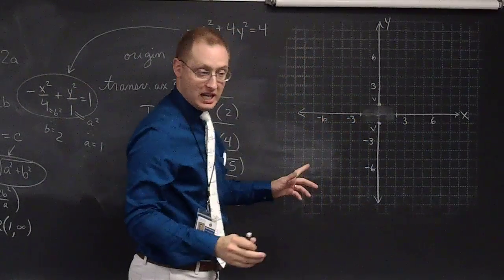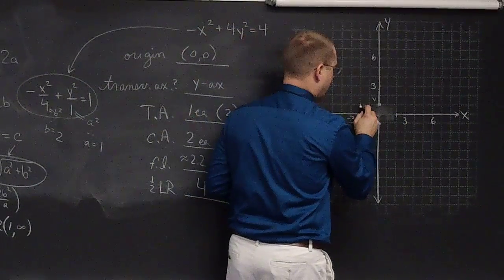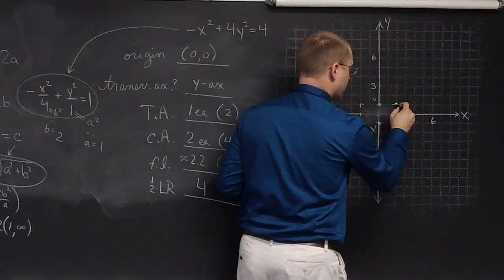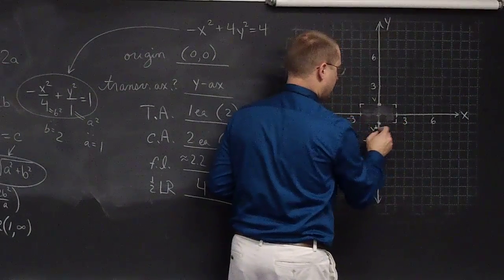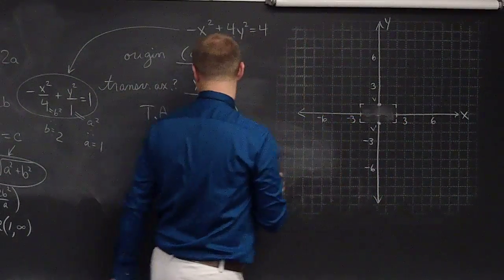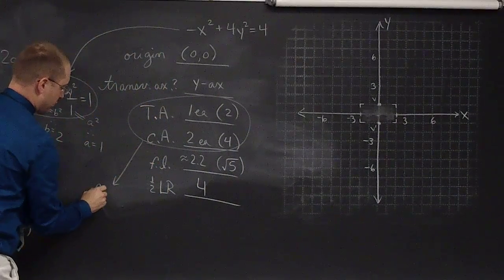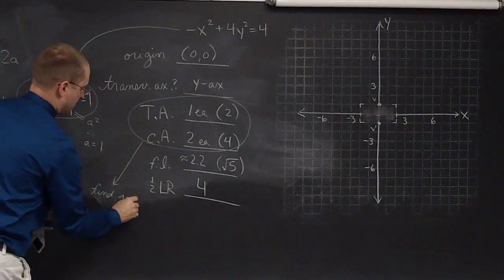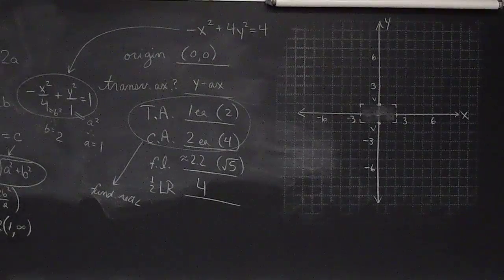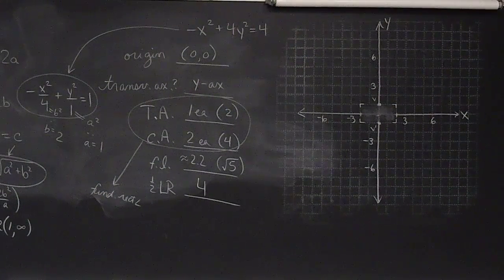You don't have to shade it in. What I want you to do is just mark the corners of where your fundamental rectangle will be. That's really the purpose right here, is to get the fundamental rectangle. And the purpose of the fundamental rectangle is because it gives us our asymptotes.